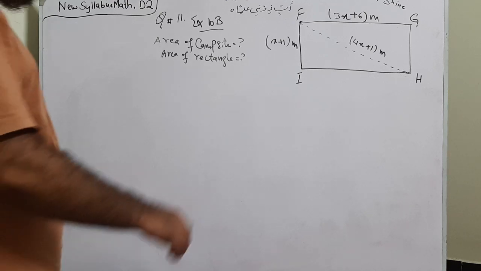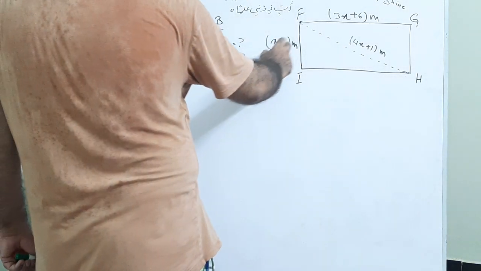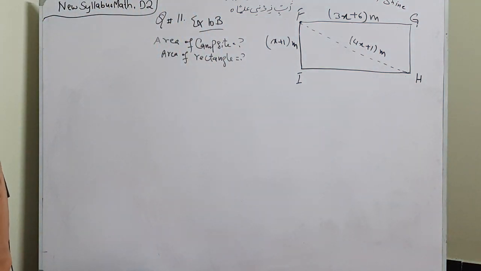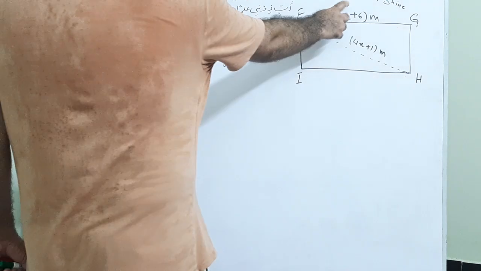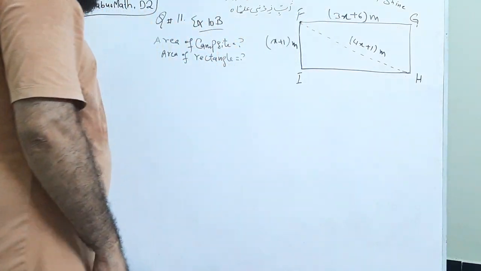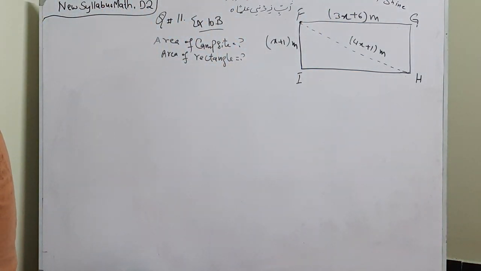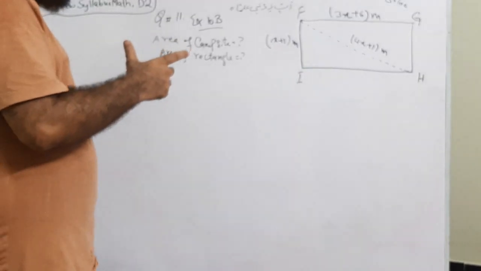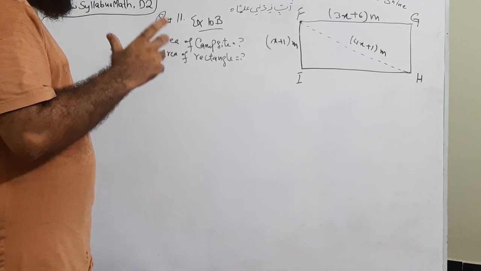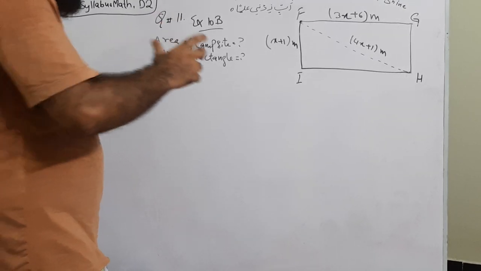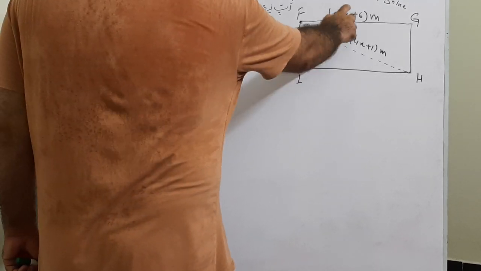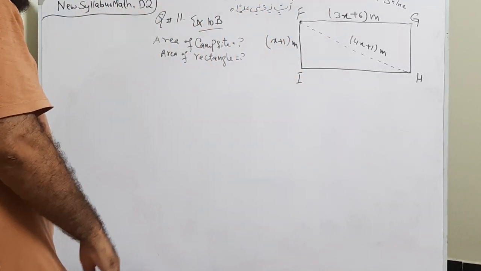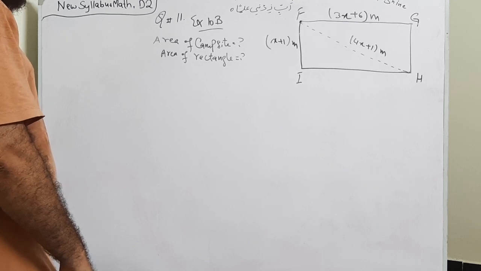When we multiply this with this to find the area of the rectangle, we will be getting an expression in the form of x. So we also need to know the value of x.